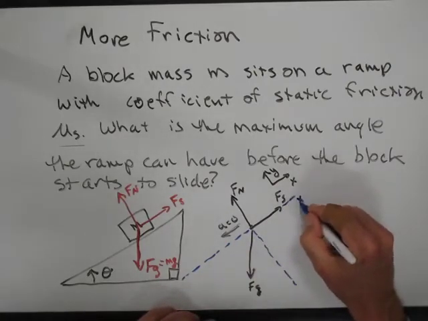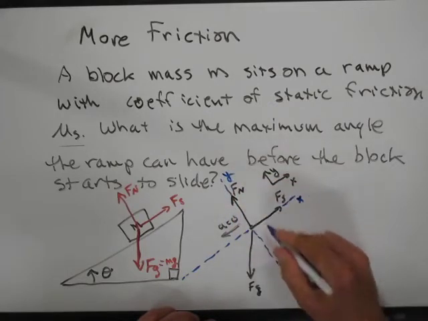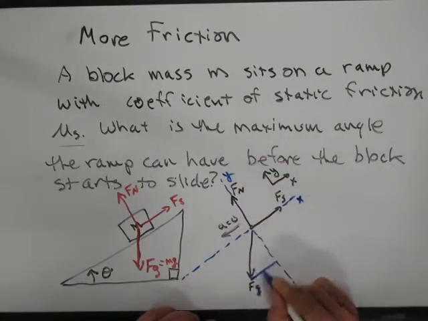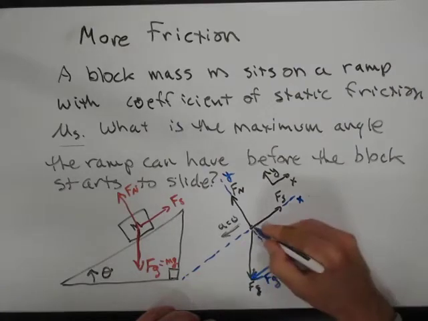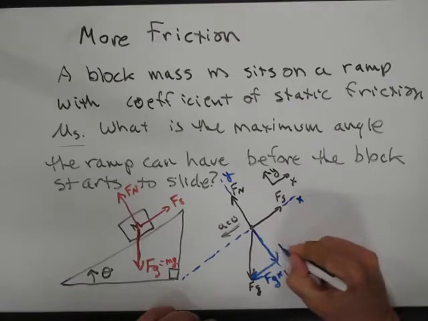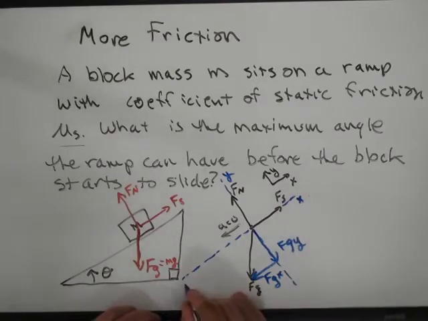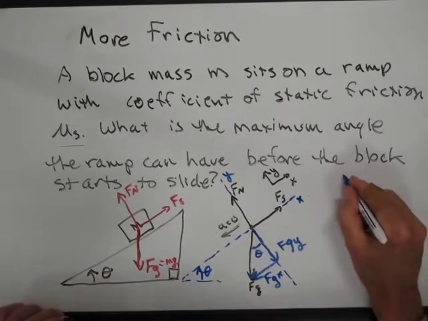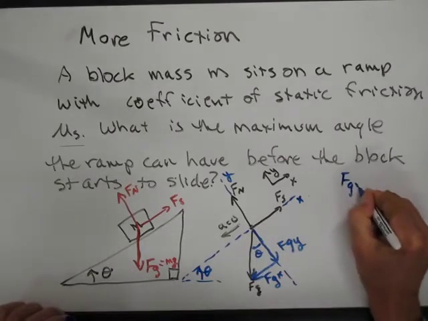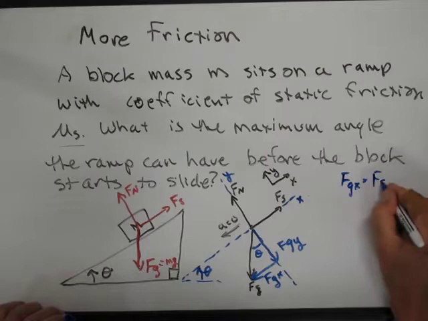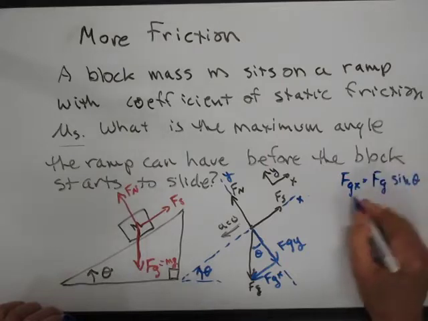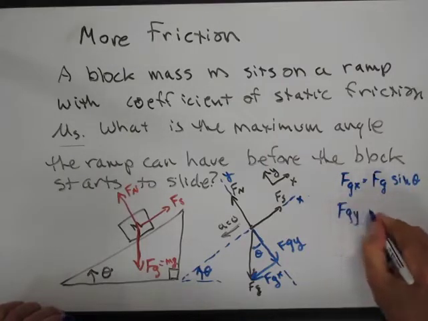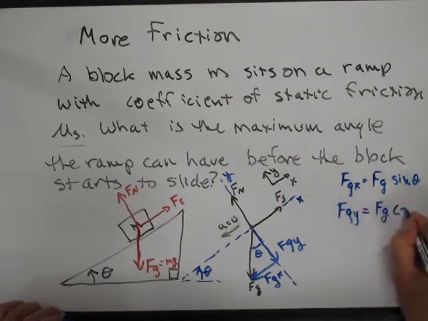This is my x-axis, this is my y-axis. I've done this kind of thing before. Here is my FGX, and this piece here is my FGY. If you remember, this angle is theta, and if I do some trigonometry, I can figure out that this angle is also theta. And so I get FGX is equal to the force of gravity times sine theta, and FGY is equal to the force of gravity times cosine theta.